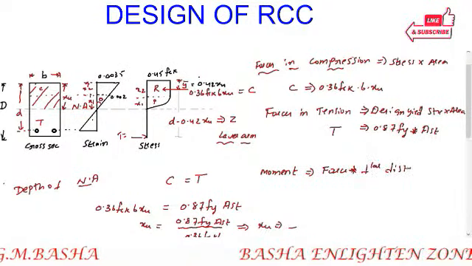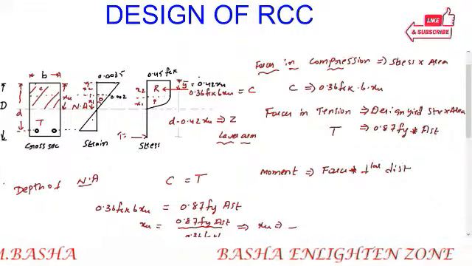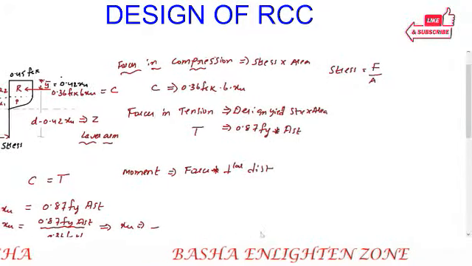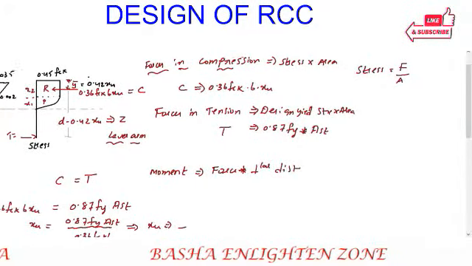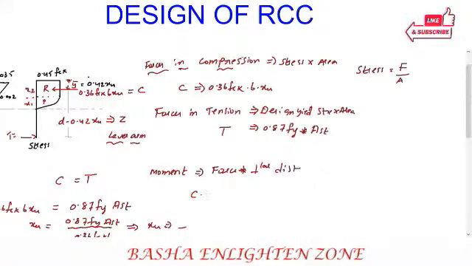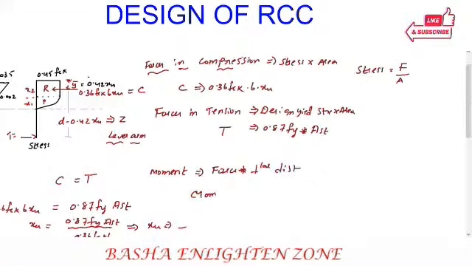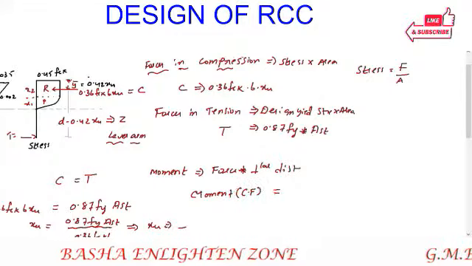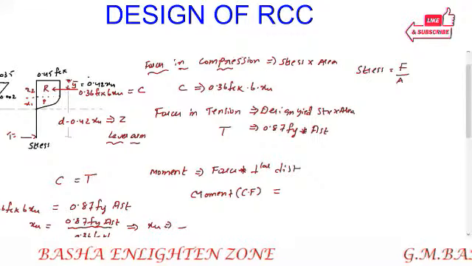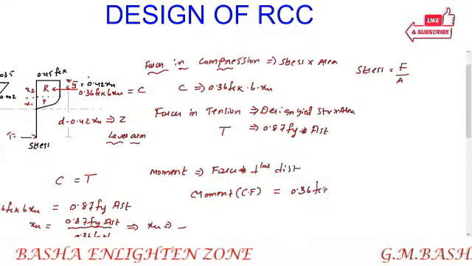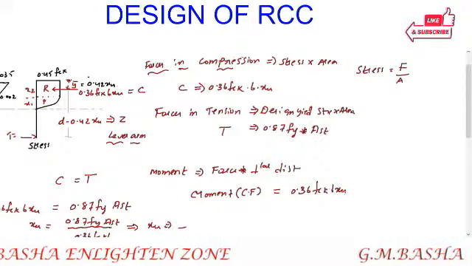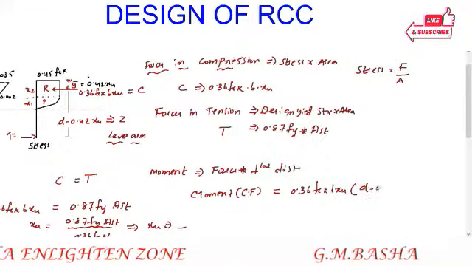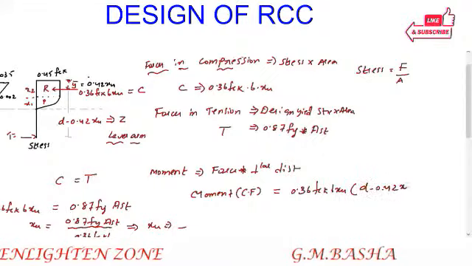For the force in compression, the compressive moment, the moment due to compressive forces, will be equal to force into its distance: 0.36 fck into b into xu. And the distance, which is the lever arm, is d minus 0.42 xu.